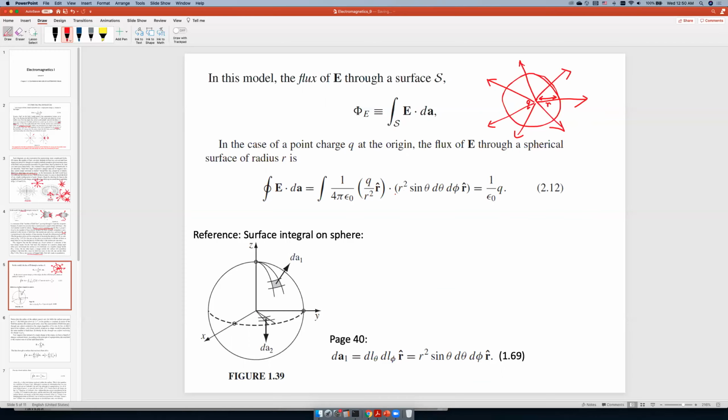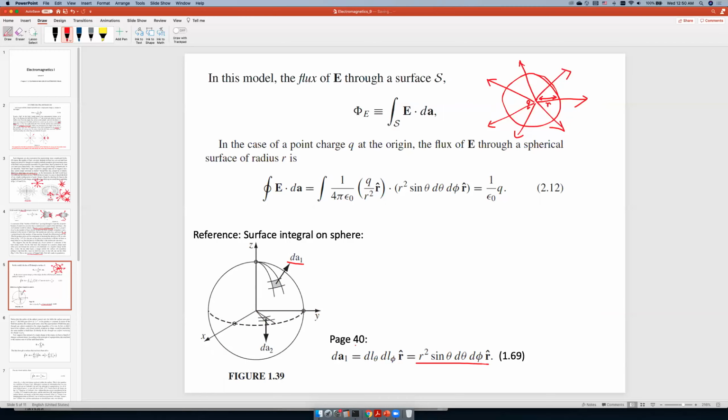Dot dA. Do you remember how to express dA in the polar system? If you go back to chapter 1, for the surface integral on a sphere, we have introduced the way to represent dA on the sphere surface. So for the dA on the spherical surface, it equals this equation. It's in your textbook, page 40.